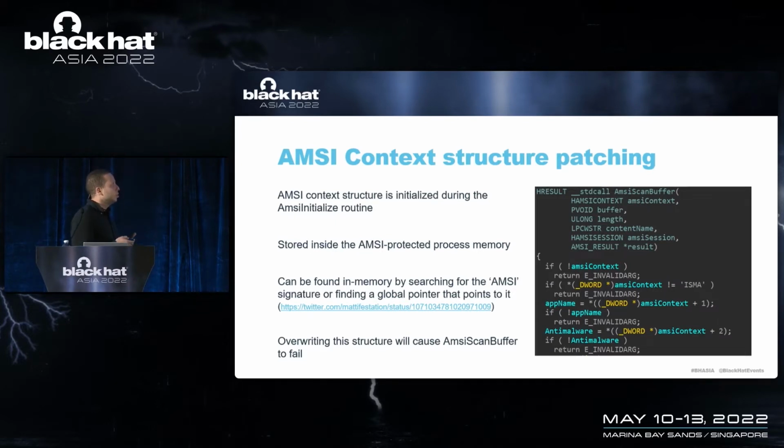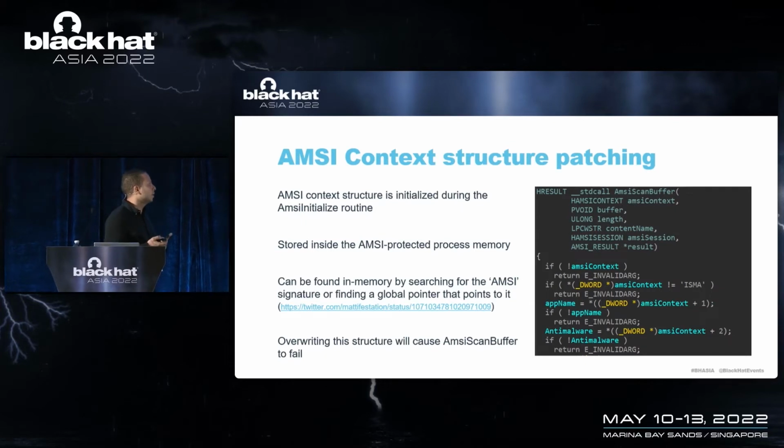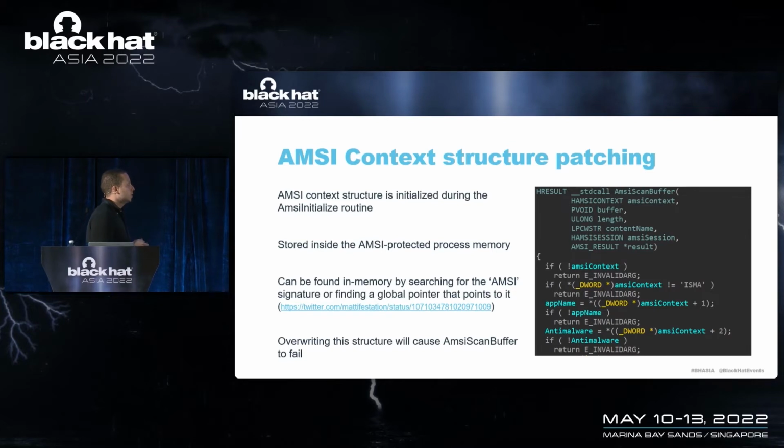And if we are able to corrupt the AMSI context, we will be able to interfere with any scan request because, as we see on the right side, it's not going to perform the scan request if this structure is corrupted. What we can do in order to find this structure in memory, which is not so reliable, is try to find the AMSI signature or find a global pointer that will point to this signature. But again, this is not such a reliable or easy technique to do.